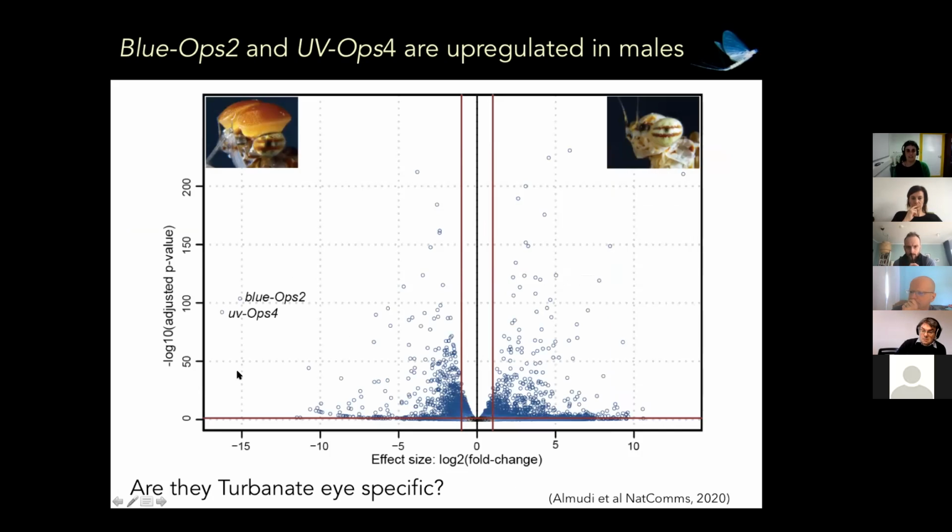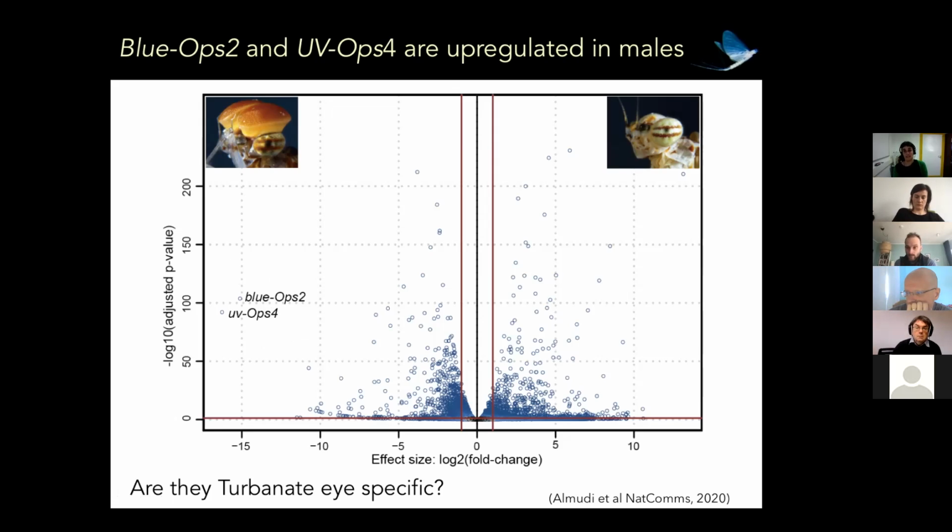And not surprisingly, what we found is that the two genes that are more highly expressed in males, and actually in females are not expressed at all, were one of the blue opsins and one of the ultraviolet opsins.